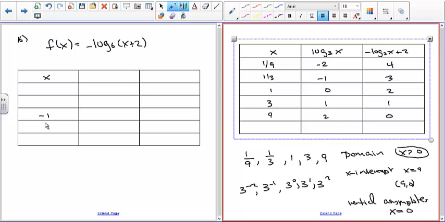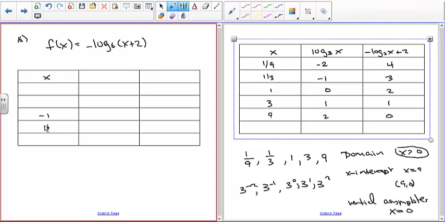If I add 6 to this, I'll get, is that right? Actually I added 2. 1 plus 2 is 3. So what I'm going to do is take this number and add not 6, but 1 less than that. 1 less than 6 is 5. So if I add 5 to negative 1, I'll get positive 4.